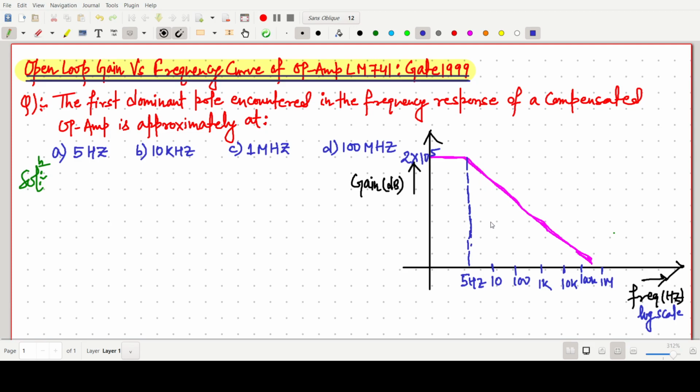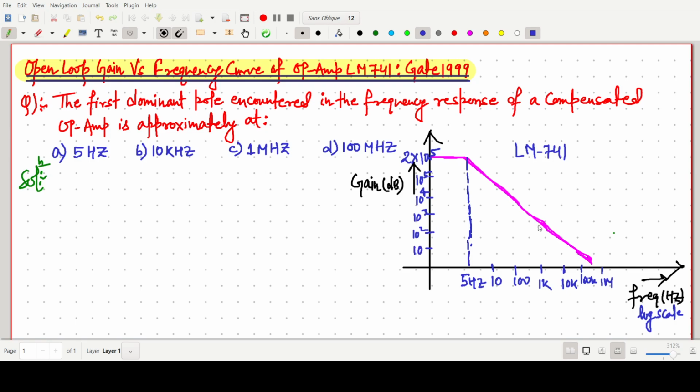So this one is the open loop gain versus frequency curve for the IC LM741. The 2 into 10 to the 5 is the highest gain, and then we can write 10 to the power 4, 10 to the power 3, 10 to the power 2, then 10 and 0, like this.